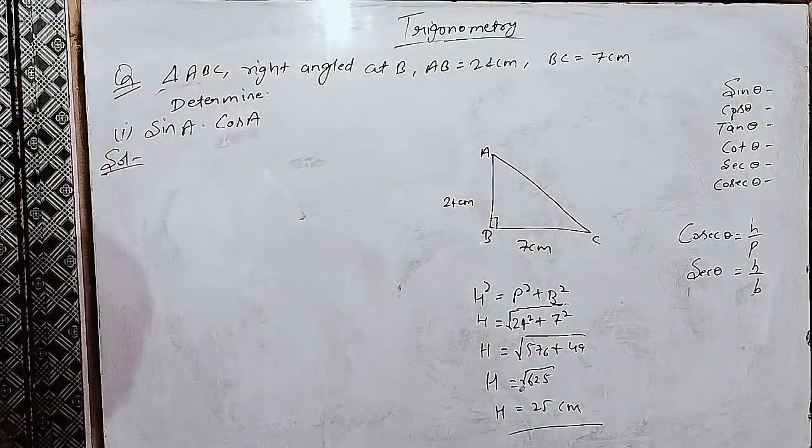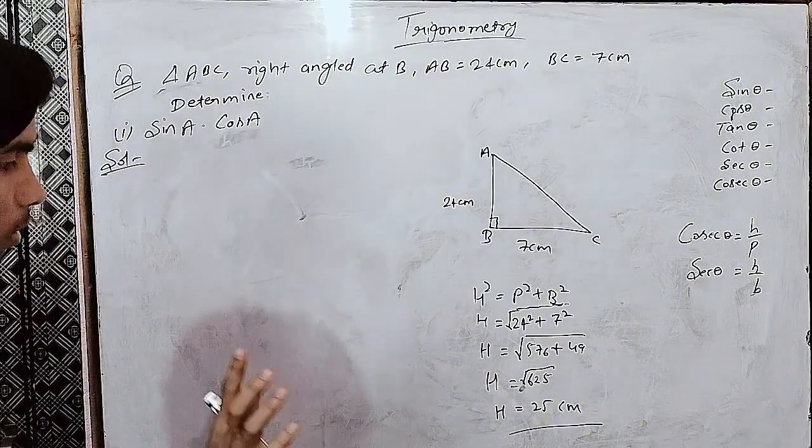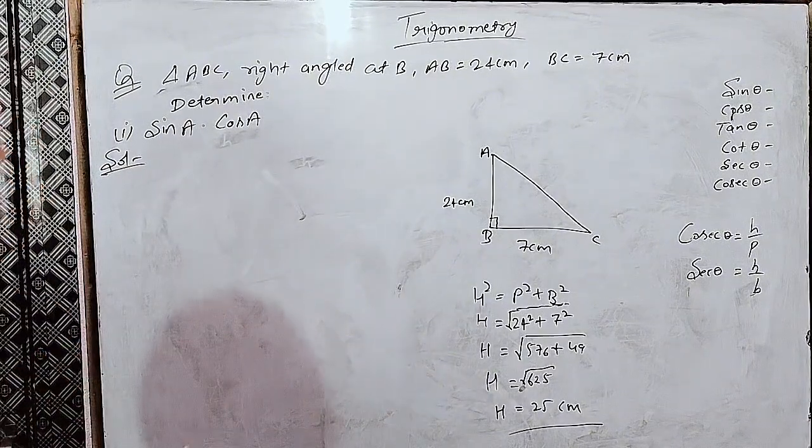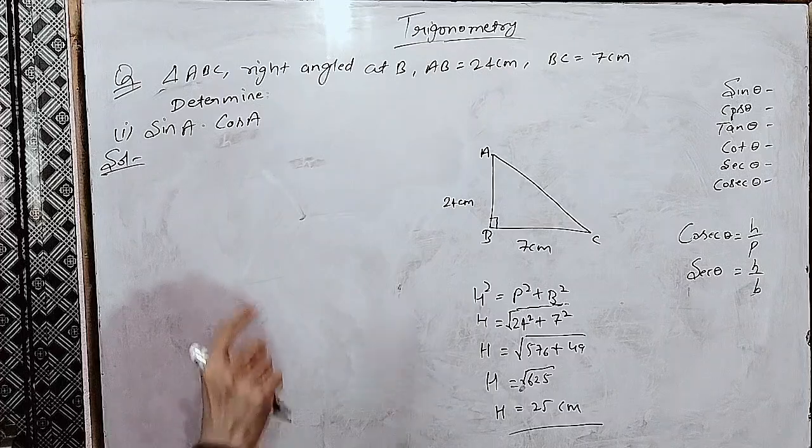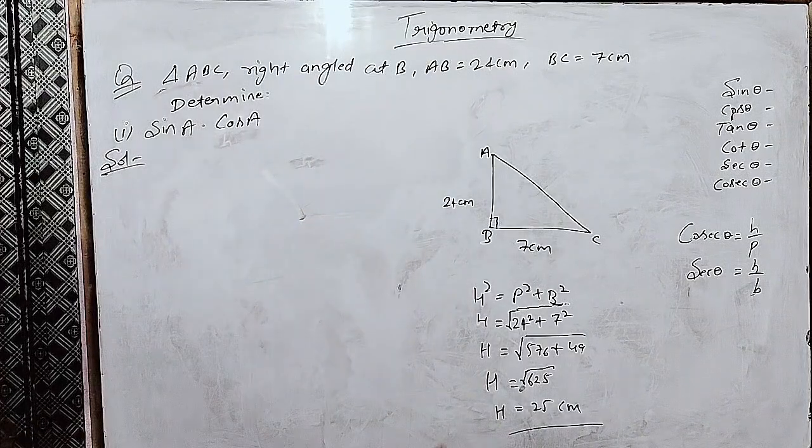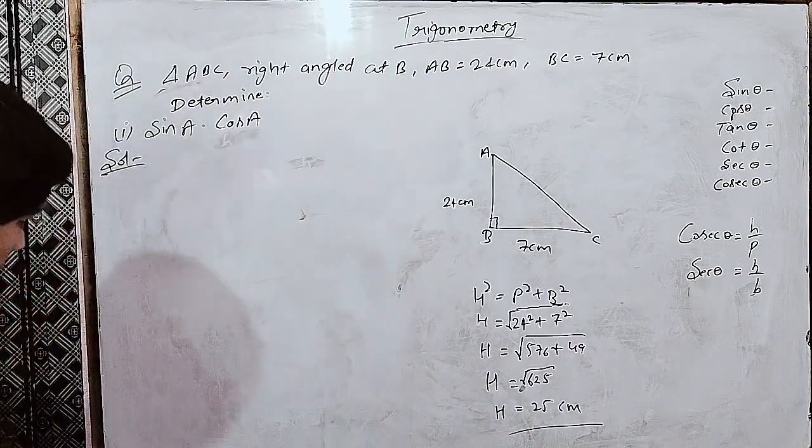That is how we find out the value of hypotenuse, value of perpendicular, value of base of a triangle. Now we have the value of hypotenuse. Now let's put all these values according to the question.